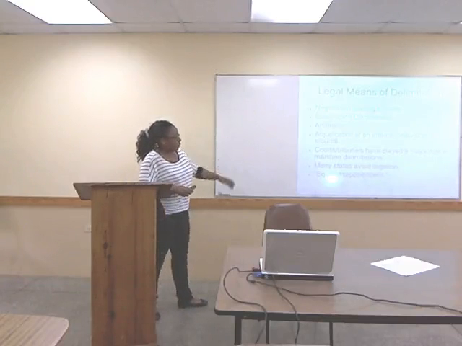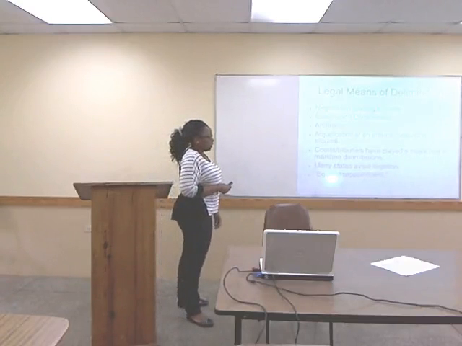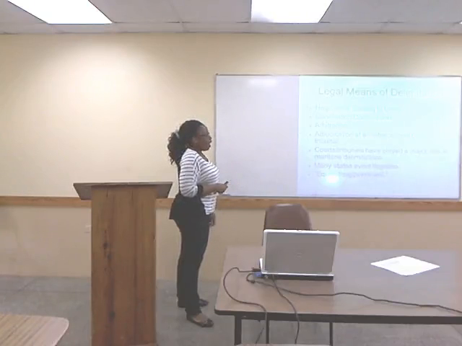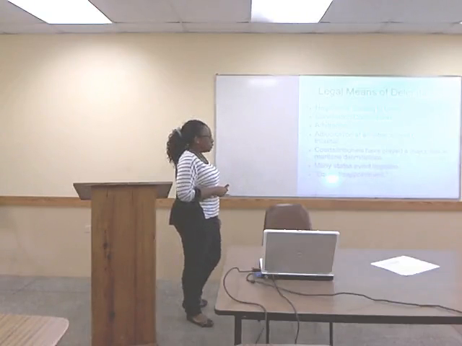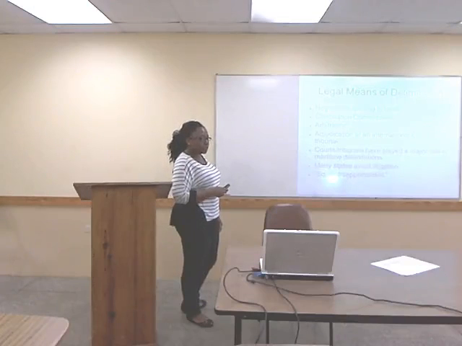And some of the other methods: arbitration, adjudication at an international court or tribunal. Courts and tribunals have also played a major role in terms of maritime delimitation. So you see, it gives you a number of different means, not one. And you may prefer one as against the other. In the case of Trinidad and Tobago and Barbados, it was arbitration.